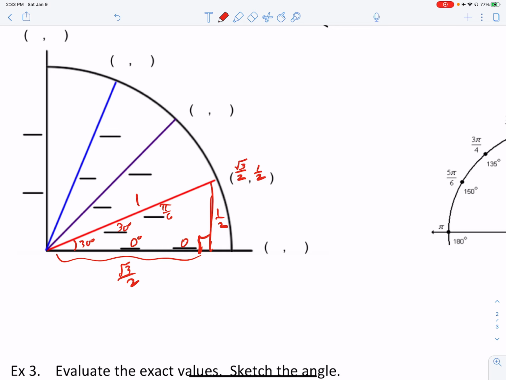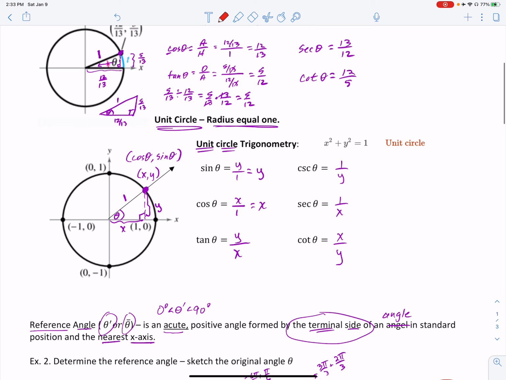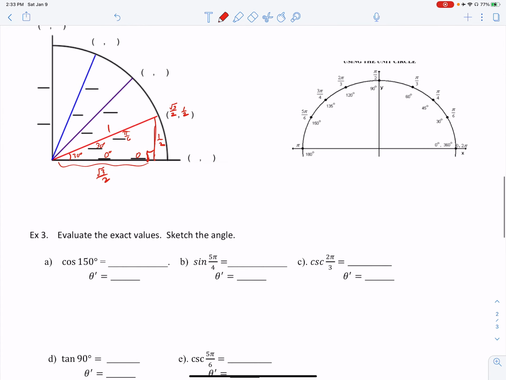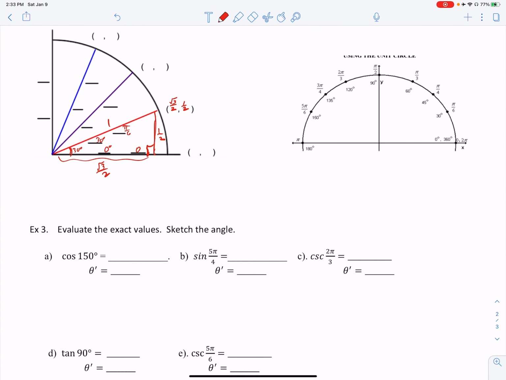And the power of this when it's the unit circle, as we saw back here, is that since sine is y and cosine is x when it's the unit circle, that ordered pair is cosine of theta, sine of theta, where you have this as theta. So what that means on this unit circle, since theta is 30 degrees and that point is root 3 over 2, 1/2, that is saying this is the cosine of 30 degrees and this is the sine of 30 degrees.